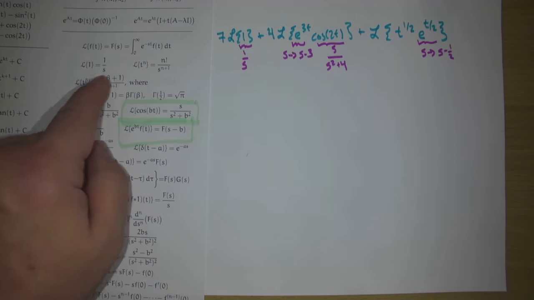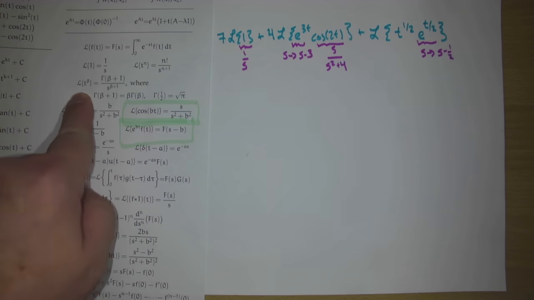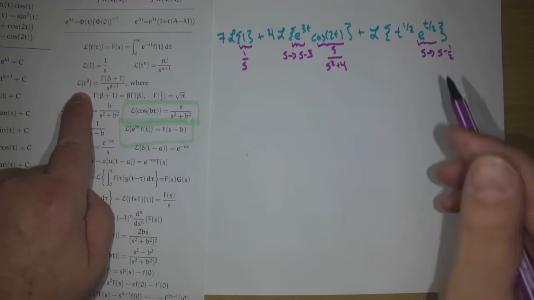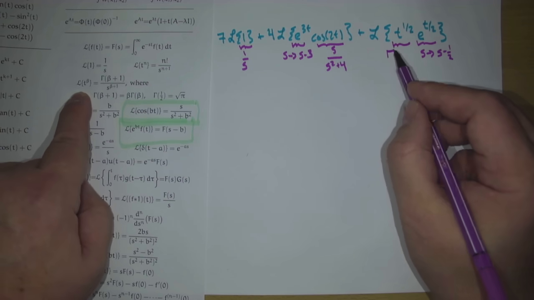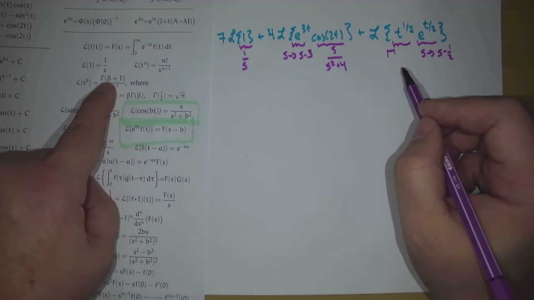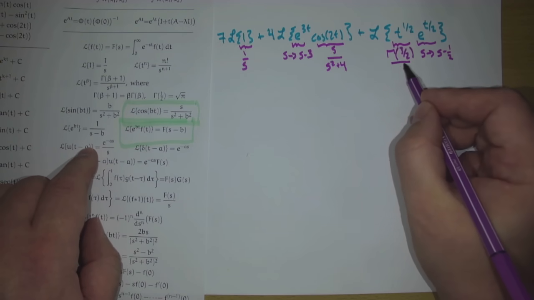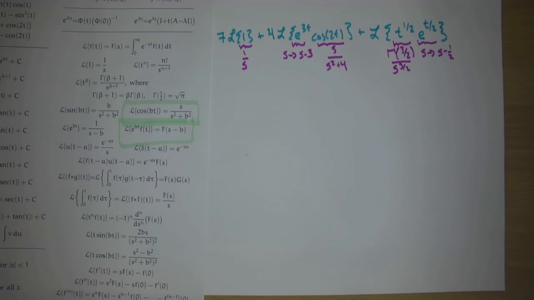There's sort of two cases: t to a whole number and t to just some number. So this is t to something that is not a whole number. According to this rule, this would be gamma of 1/2 plus 1, 3/2, over s to the 1/2 plus 1, 3/2. Yes? I'm just putting notes right now.